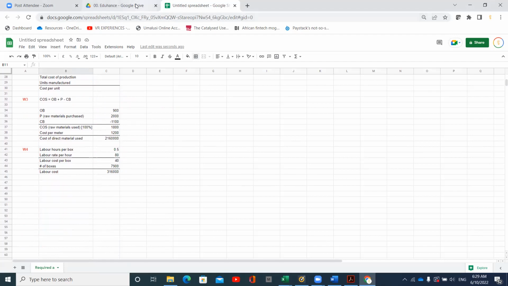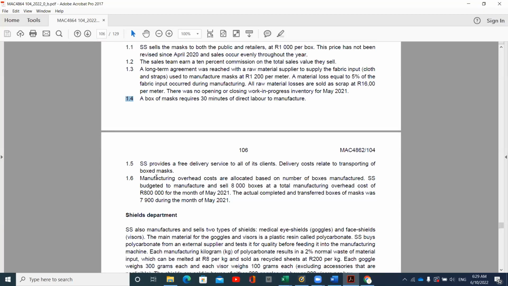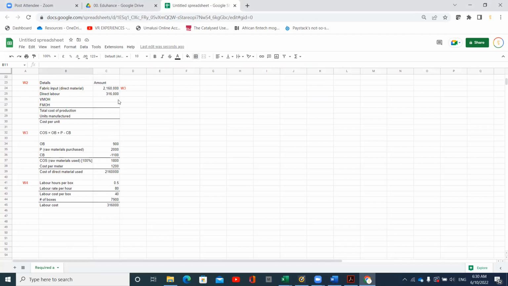So now we must deal with 1.6. Okay, so there's no variable manufacturing overhead, you can see. So now we must deal with fixed manufacturing overheads. So there's no variable manufacturing overhead, so we can plug in 0.